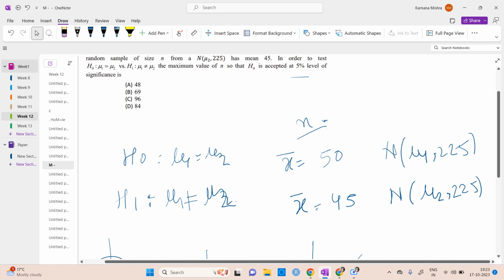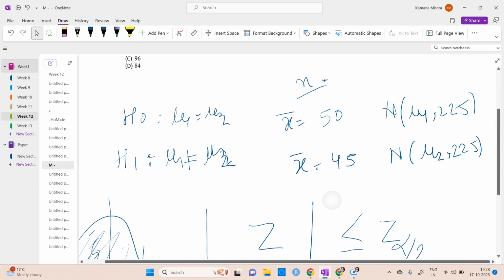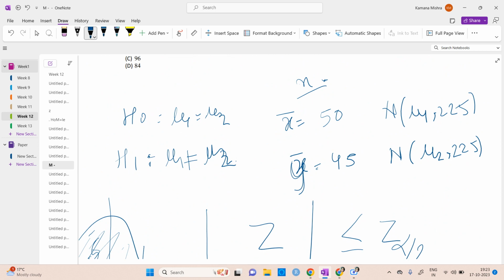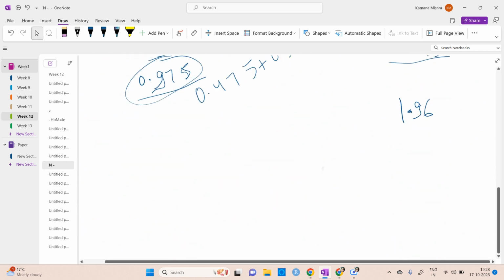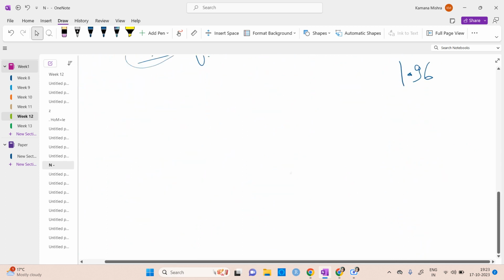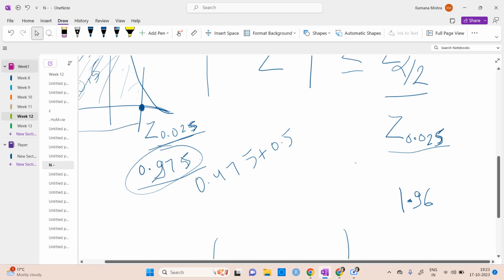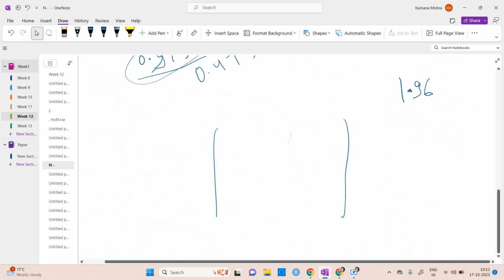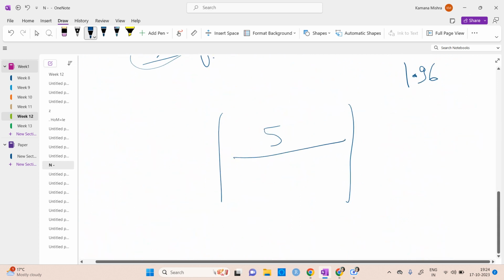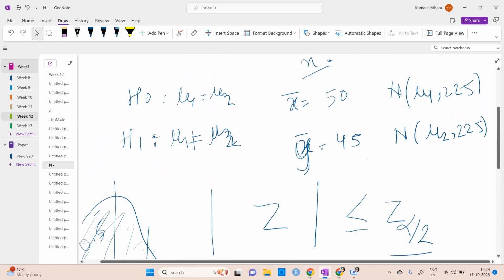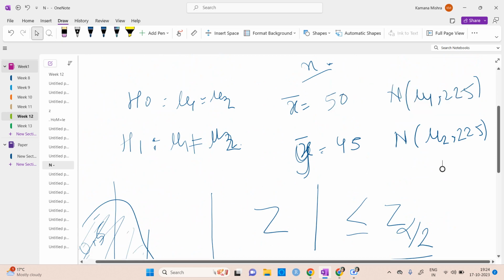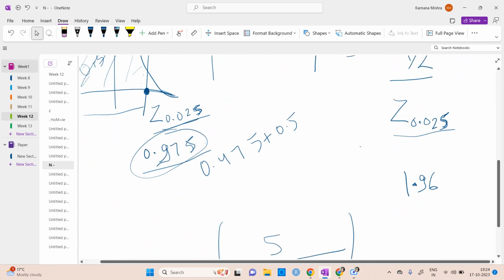Now, what we have here is that we can take it as y bar, so it would not be confusing. So the z statistic would be accepted when it is less than z alpha by 2. Now, the z statistic would be X bar minus Y bar, which is 50 minus 45, so 5, divided by the square root of sigma1 squared plus sigma2 squared by n.